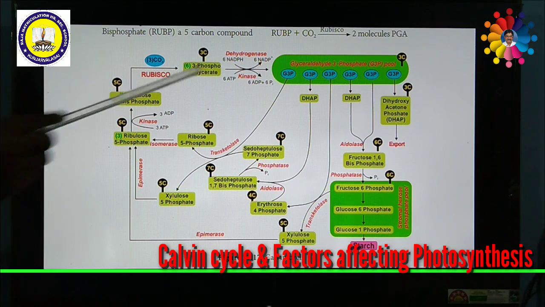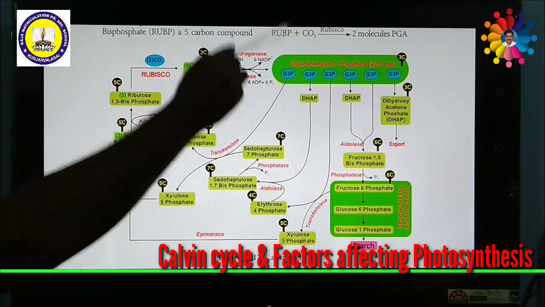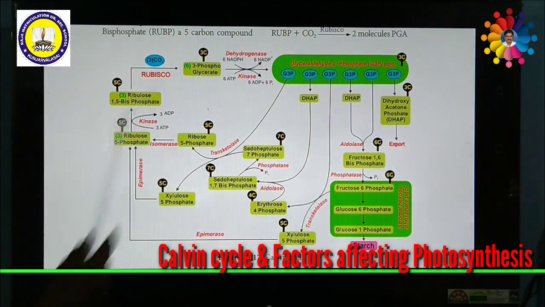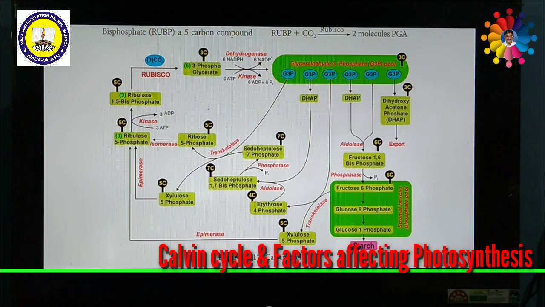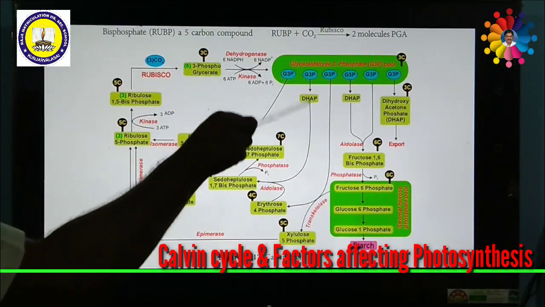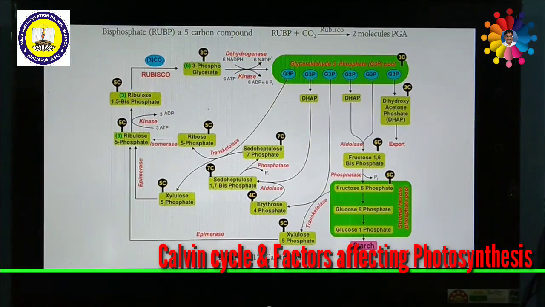These glyceraldehyde 3-phosphates are interconvertible with dihydroxyacetone phosphate. These are also 3-carbon compounds. These are mutually convertible by the enzyme called triose phosphate isomerase. With the help of triose phosphate isomerase, glyceraldehyde 3-phosphate and dihydroxyacetone phosphate are mutually interconvertible.